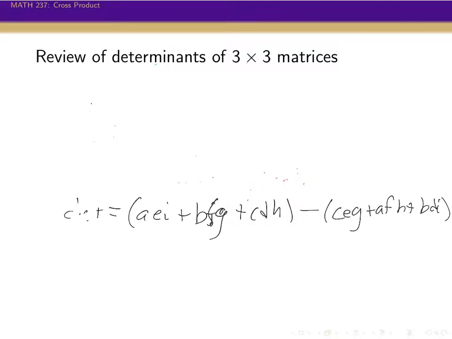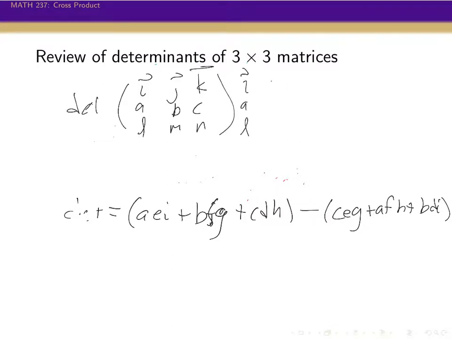The determinant we were trying to do had i, j, and k up on top, then A, B, C, then L, M, N. And then let's copy these out: A, L, j, B, M. My downward diagonals are going to be BNi plus CLj plus AMk.